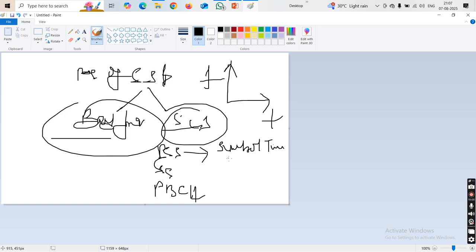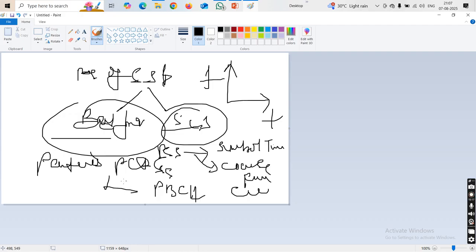Second is coarse frequency correction. And third is partial PCI identification. Keep in mind this is the partial, not the full PCI identification. So three things: symbol timing, coarse frequency correction, and partial PCI identification.